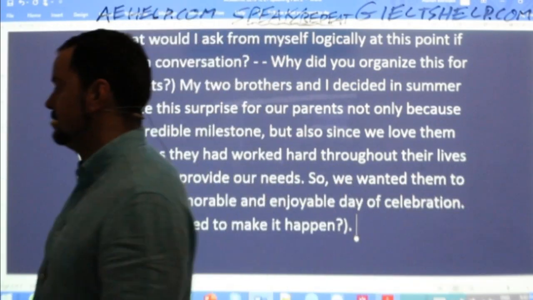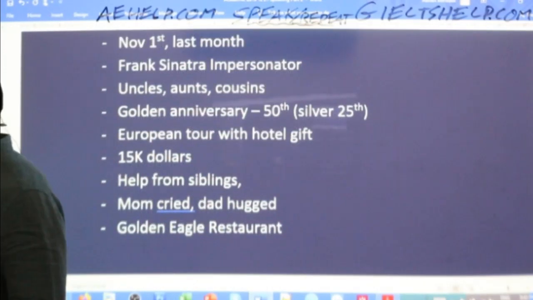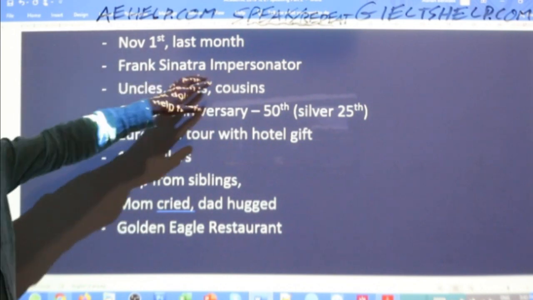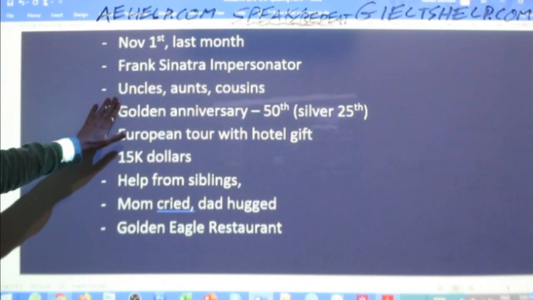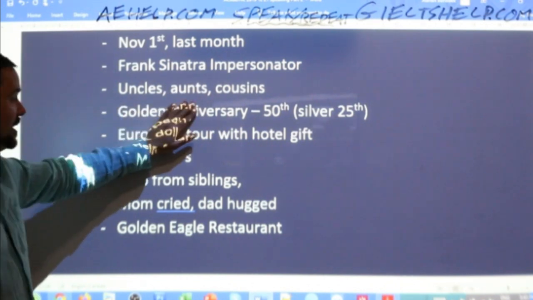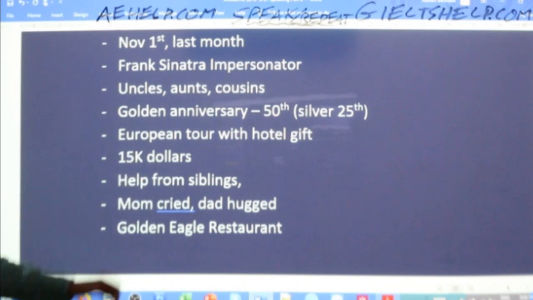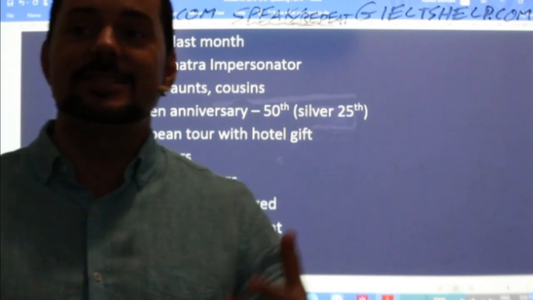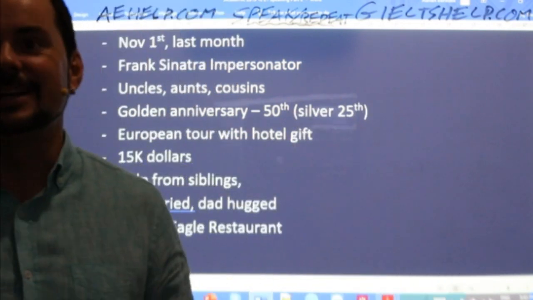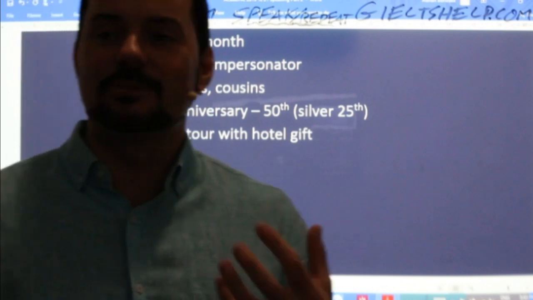Use your notes. That's why you wrote them down, right? Frank Sinatra impersonator, you needed that. You needed your relatives, so you needed to send out some invites, obviously. Ooh, you needed to get a gift that really put the cherry on the cake, right? Charlie says I needed to budget. I needed meals and drinks to order some food ahead of time so the restaurant was prepared.